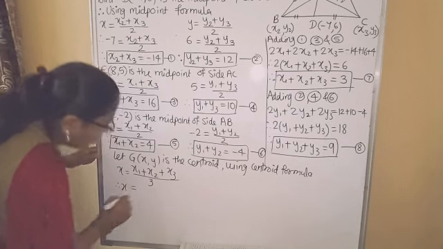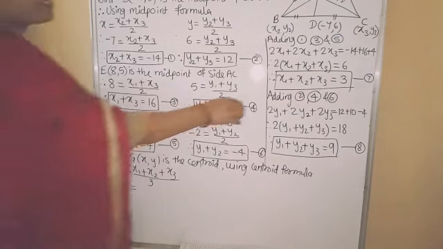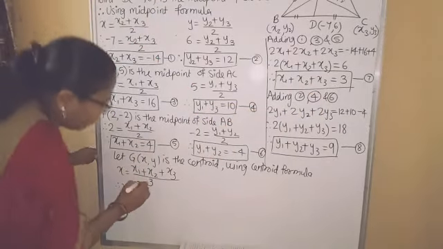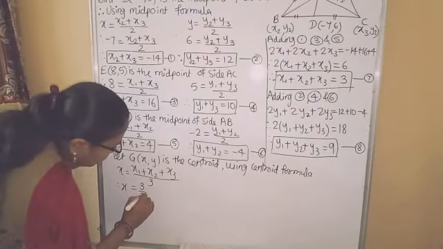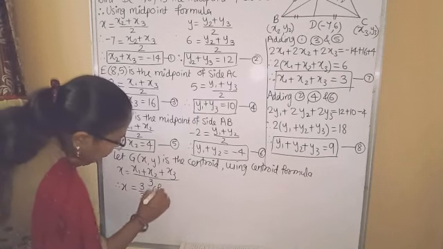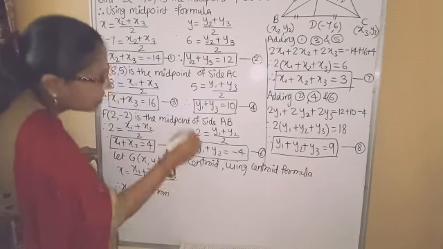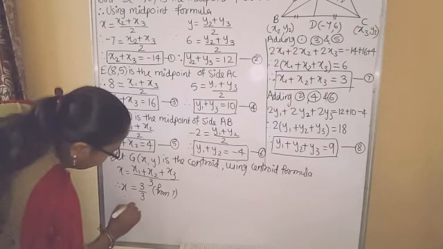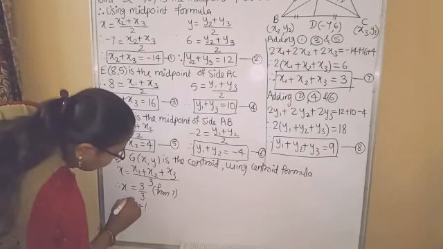This value we have with us, 3, so 3 upon 3, reason from equation 7. Therefore, x is equal to 1.